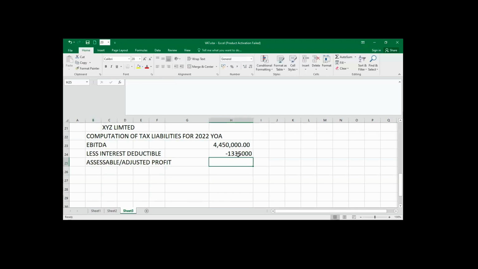So what is the difference between these two, assessable or adjusted profit? This is the information that you now apply CIT, company income tax, at the applicable rate. If we look at this question, let me go back to the question because I want to point out something to us.